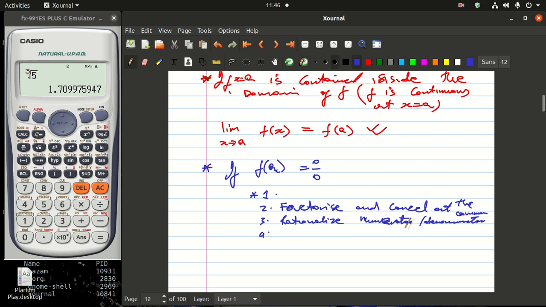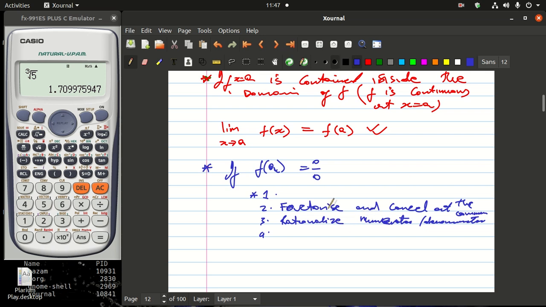Or if you find out that once you rationalize the denominator it is going to make your calculations easy, you rationalize the denominator. So it's only the given equation that will tell you whether you're going to rationalize the numerator or the denominator.